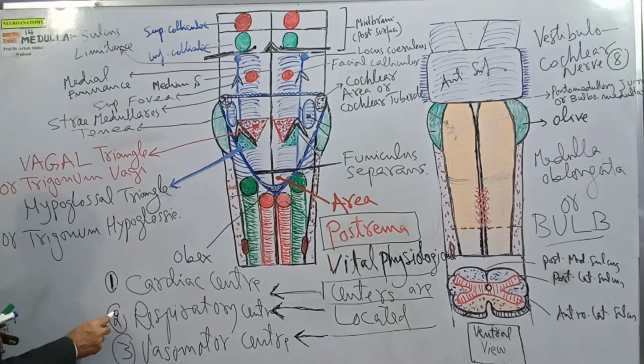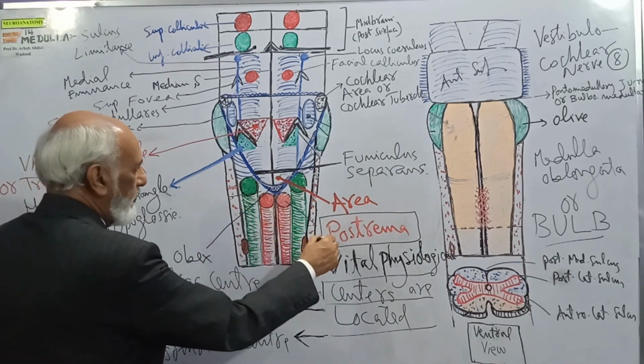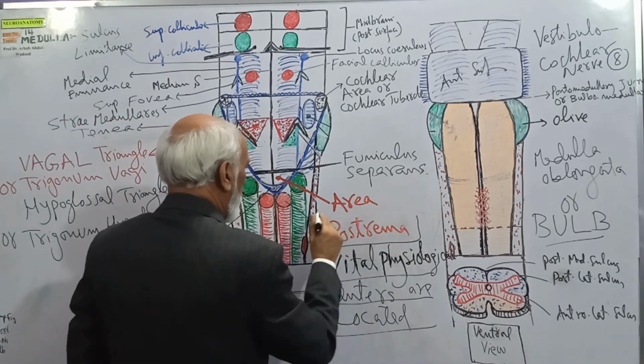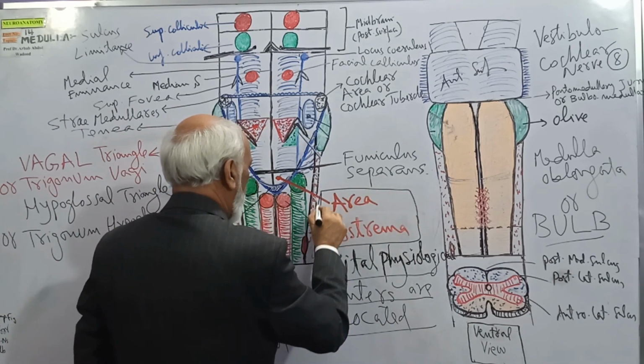The cardiac center controls the cardiac rhythm. The respiratory center controls respiration. And the vasomotor center controls blood vessels, vasodilatation and vasoconstriction. This is why this area, the area postrema, is important.